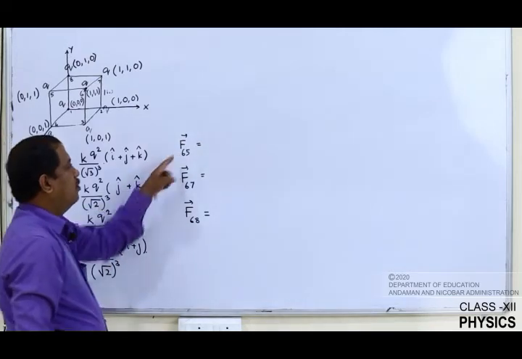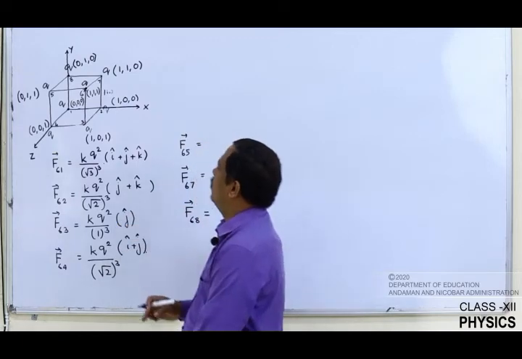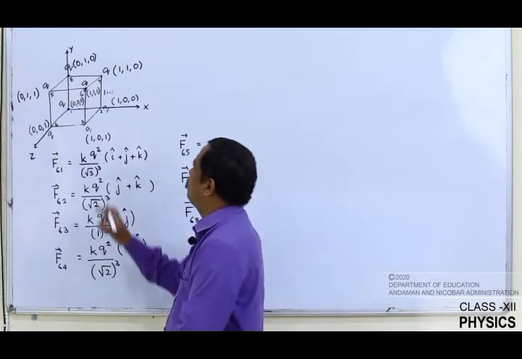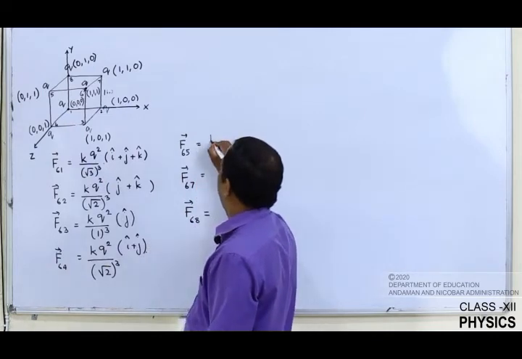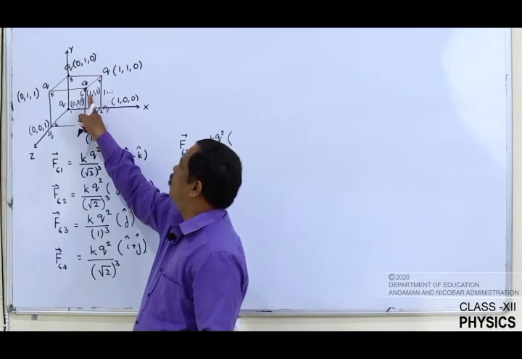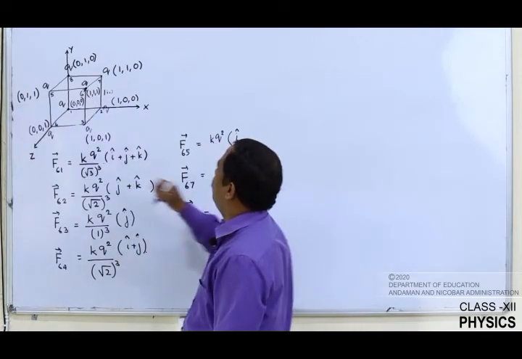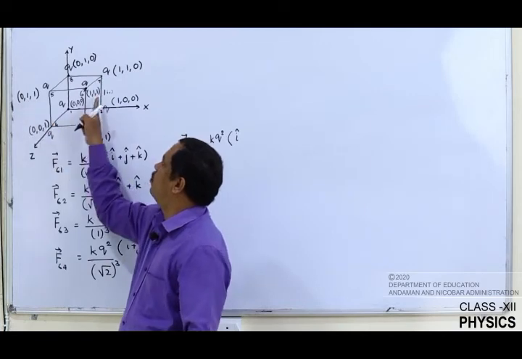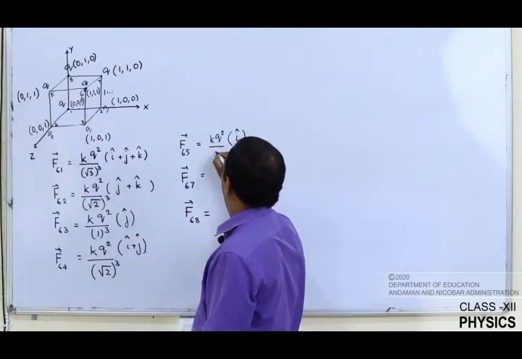It's easy now to calculate the force on the sixth charge due to fifth charge. This is sixth charge, and this will be k into q square. When you talk about vector, 1 minus 0 is 1, so i cap. 1 minus 1 is 0, 1 minus 1 is 0, so i cap divided by 1 q.